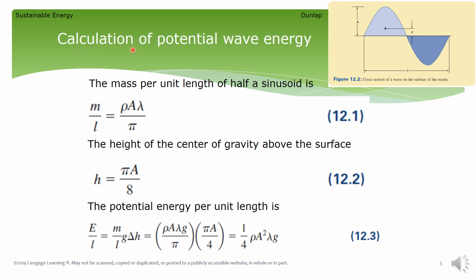How to calculate the potential wave energy? The mass per unit length of half a sinusoid is like this. So what is L? L is the length of wavefront, unit length of wavefront. So this is L, and the height of the center of gravity above the surface is like this.